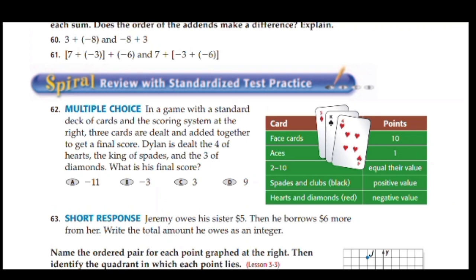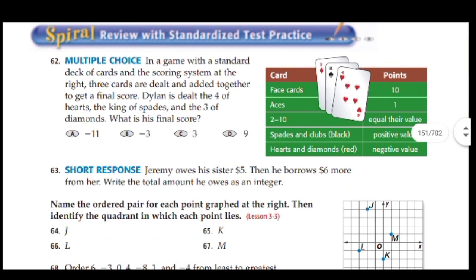Dylan is dealt the 4 of hearts, the king of spades, and the 3 of diamonds. What is his final score? A 11, B negative 3, C 3, D 9.